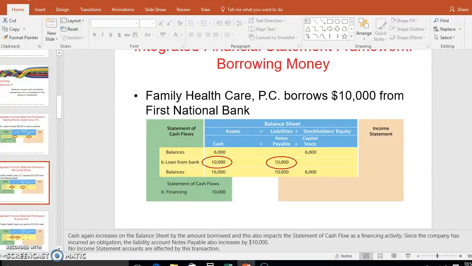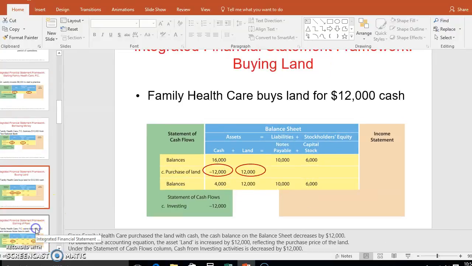And then if you have to pay that back, that's going to be what's called a payable. Anything that has the word payable in it, you know is going to be a liability. It's a debt that you owe. So your cash, your asset, went up by $10,000, and your liability, your payable, went up by $10,000. So the equation still balances. You have $10,000 that went up on the asset side, $10,000 that went up on the liability side. Let's take another look.